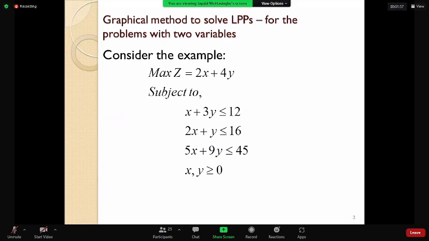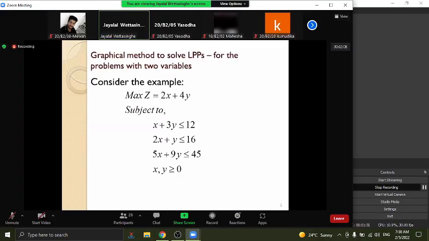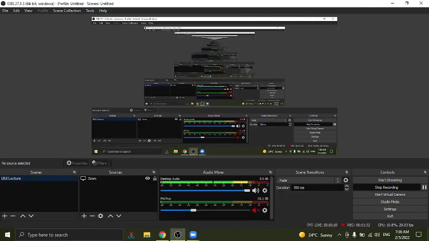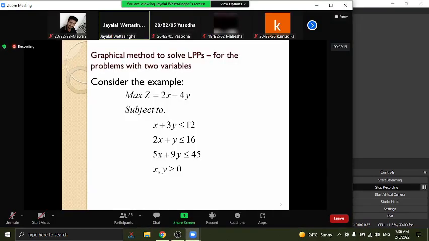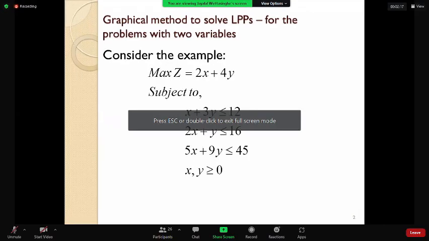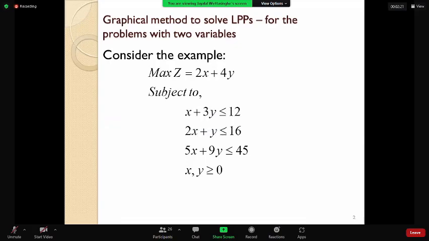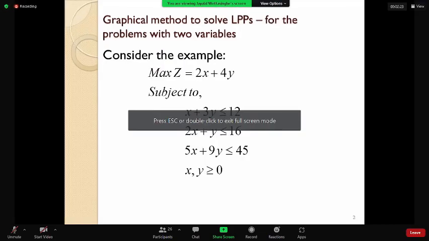Now, in this particular problem, we have two variables. So as I told you, when we have two variables, we can use graphical method to solve the problem. In the graphical method, what we have to do is draw a graph, and based on the graph, we can find the solution.